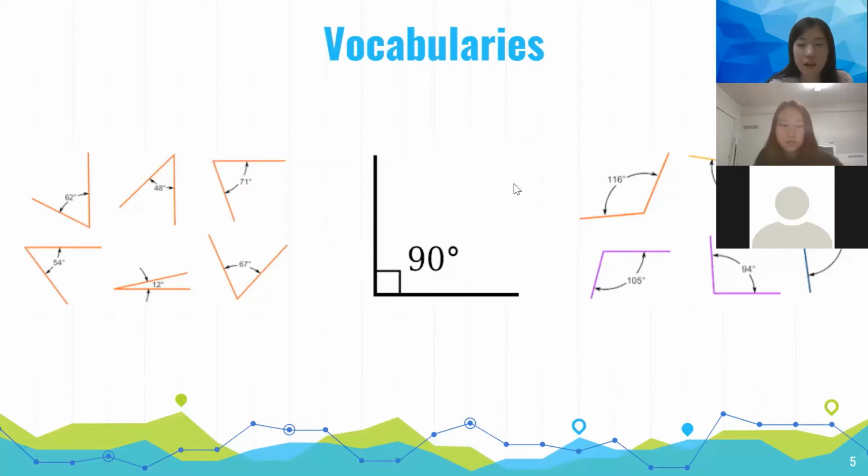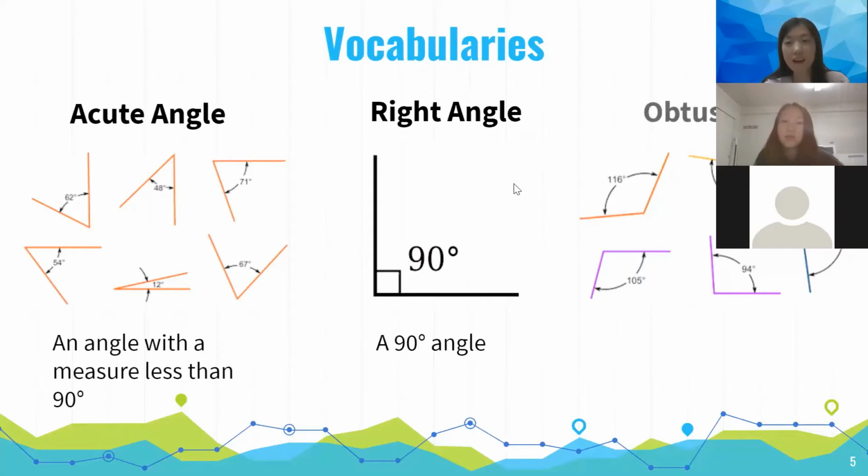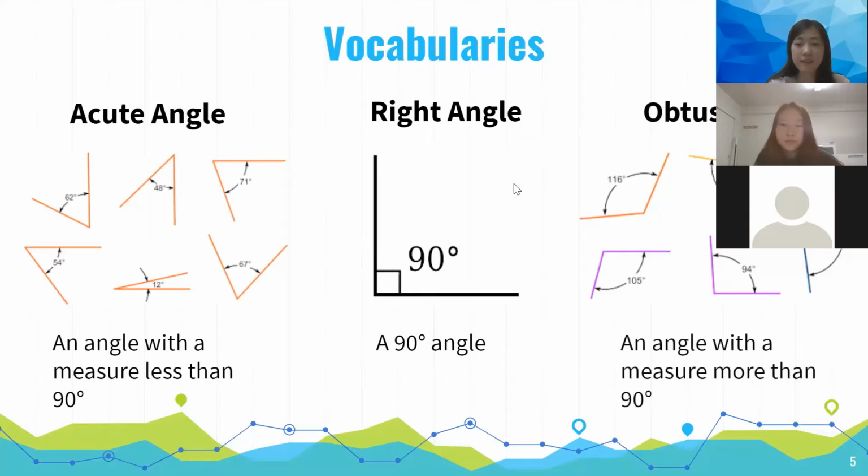Do you know what these angles are named? Yes, the first one is an acute angle, the second one is a right angle, and the third one is an obtuse angle. Okay.